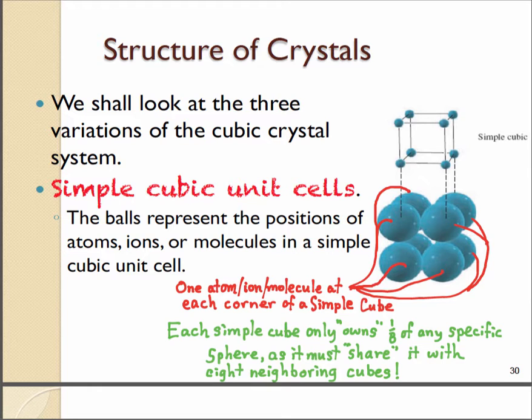It's a three-dimensional thinking game where I'm trying to imagine how many of these 8 individual atoms or ions, what fraction of each, in this unit cell, the smallest repeating unit, contribute only to one particular unit?